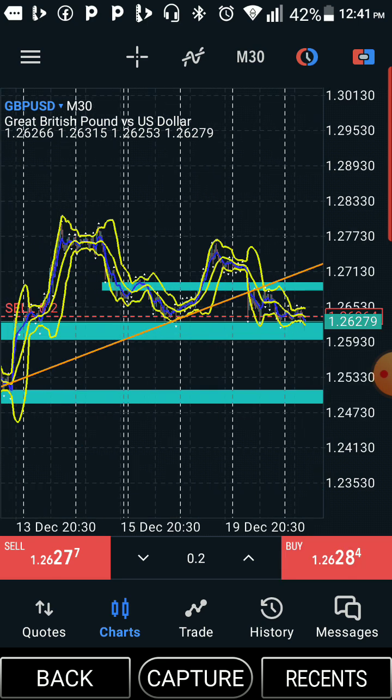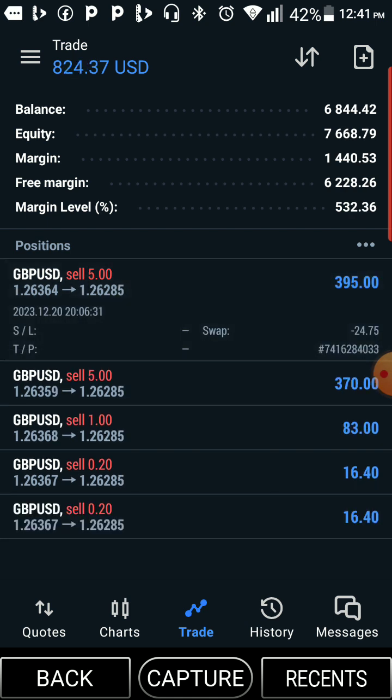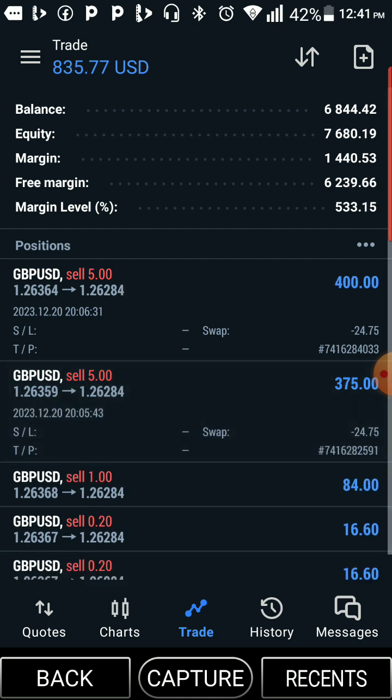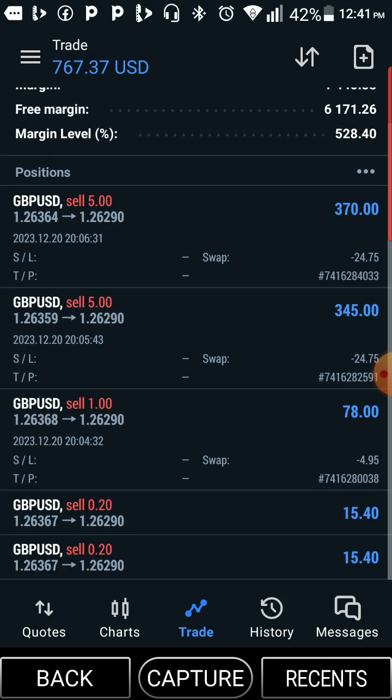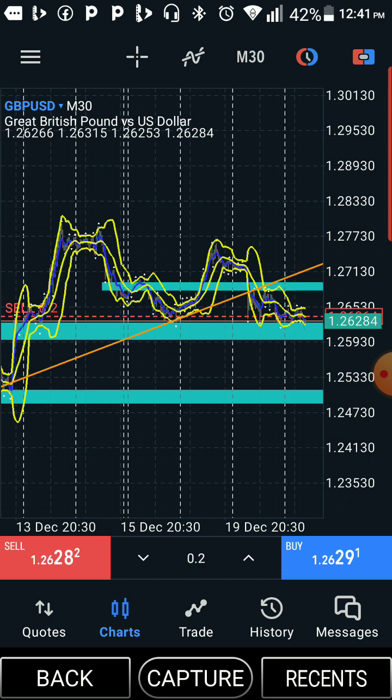Okay, this trade I entered yesterday, it was around 2006, I think. Yeah, 2006. When I entered this trade I was around here.